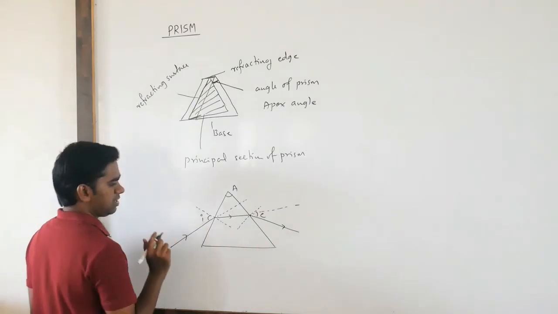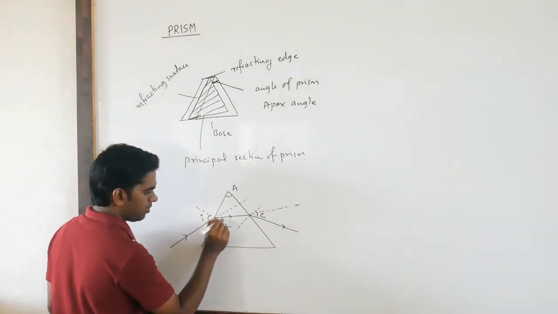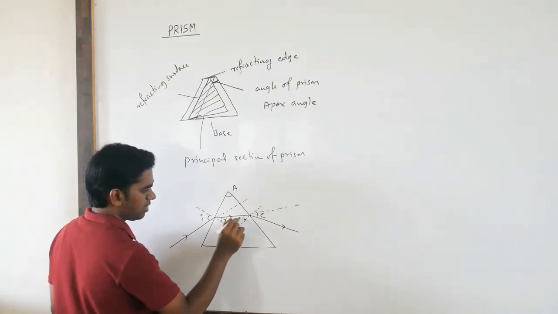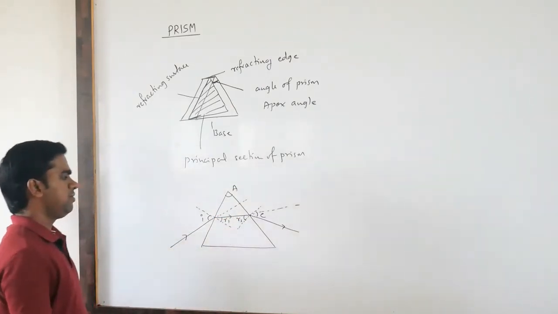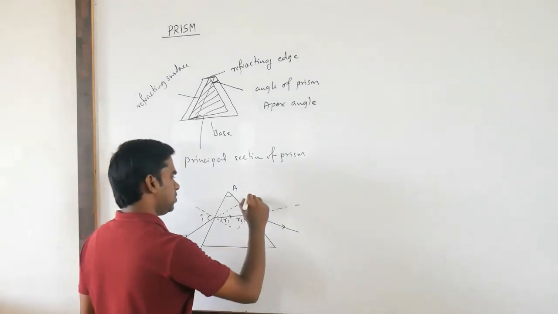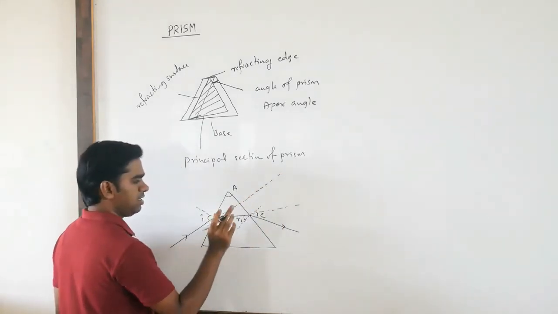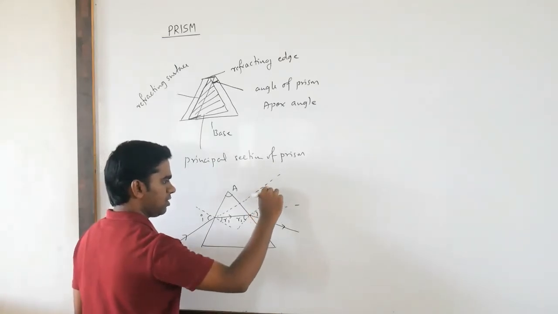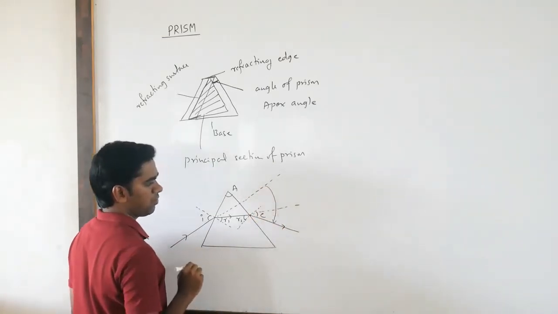If this is I, the angle of refraction I will call R1. Similarly here, the angle of refraction I will call R2. Looking at the deviation, this is the initial path, and the final emerging ray goes in this direction. So the total deviation is from here to here, in the clockwise direction.